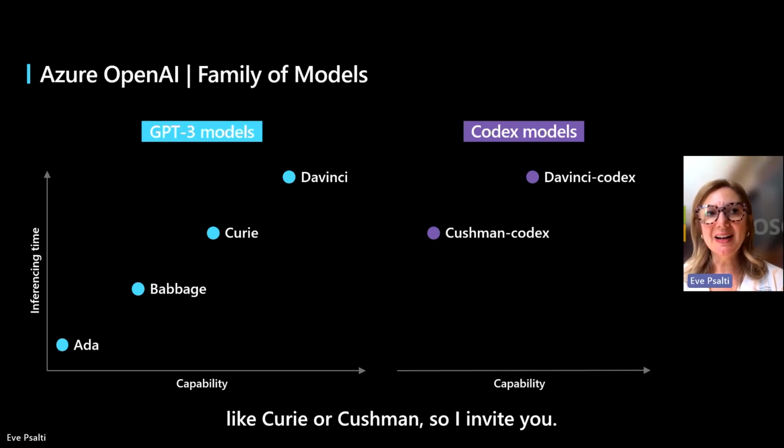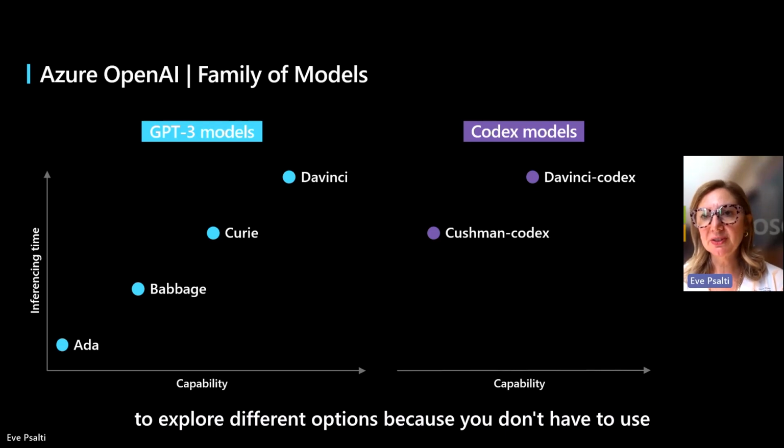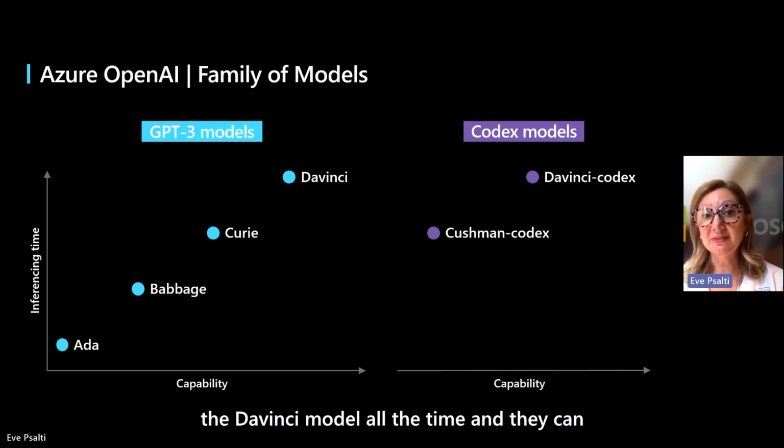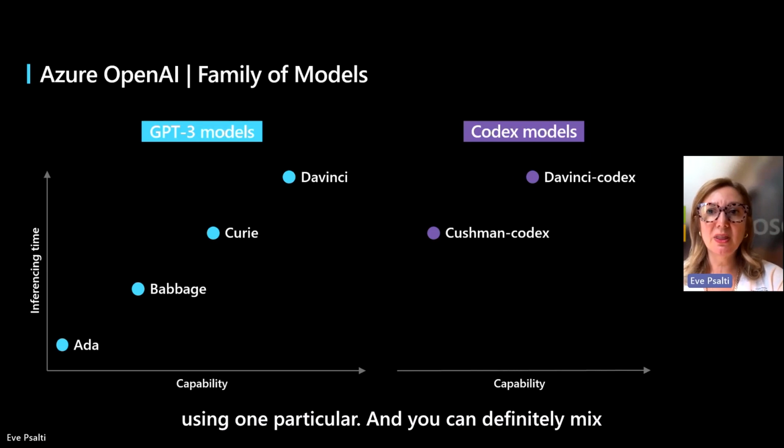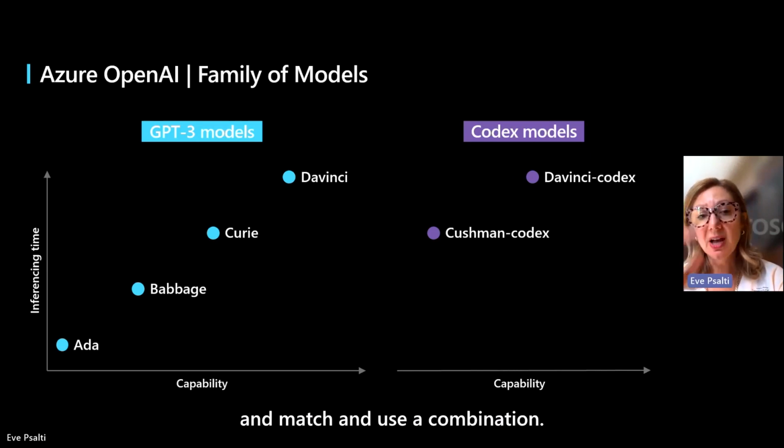So I invite you to explore different options because you don't have to use the DaVinci model all the time, and there can be more cost-efficient ways to complete your task without using one particular model. And you can definitely mix and match and use a combination.